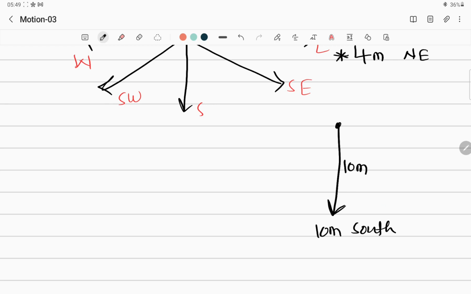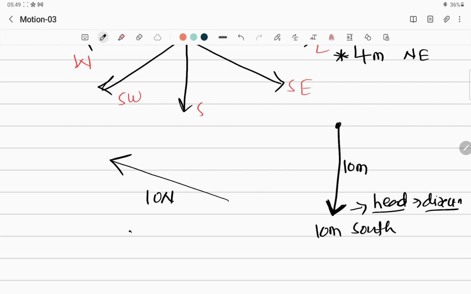The task of this arrow head is to show the direction in which it is going. If I write 10 Newton, this is a force, and it becomes northwest. I hope the concept of scalar and vector is quite simply understood by you.